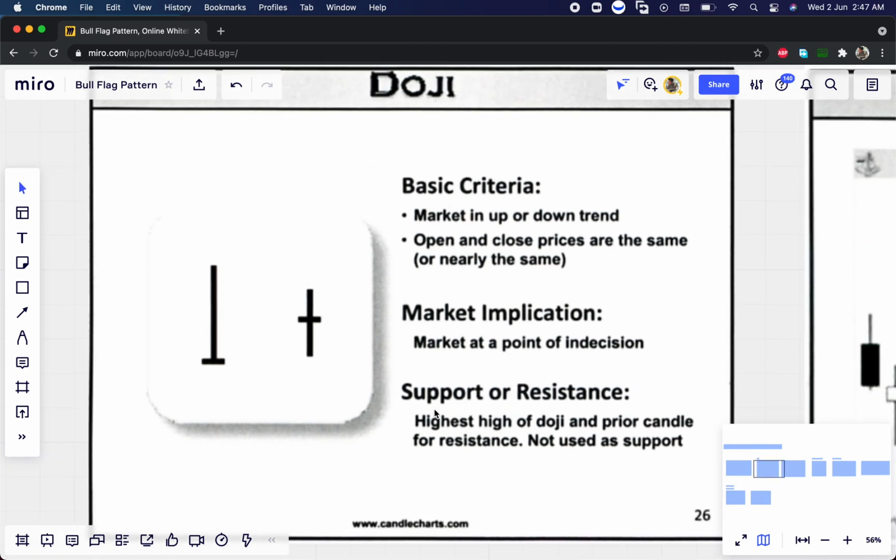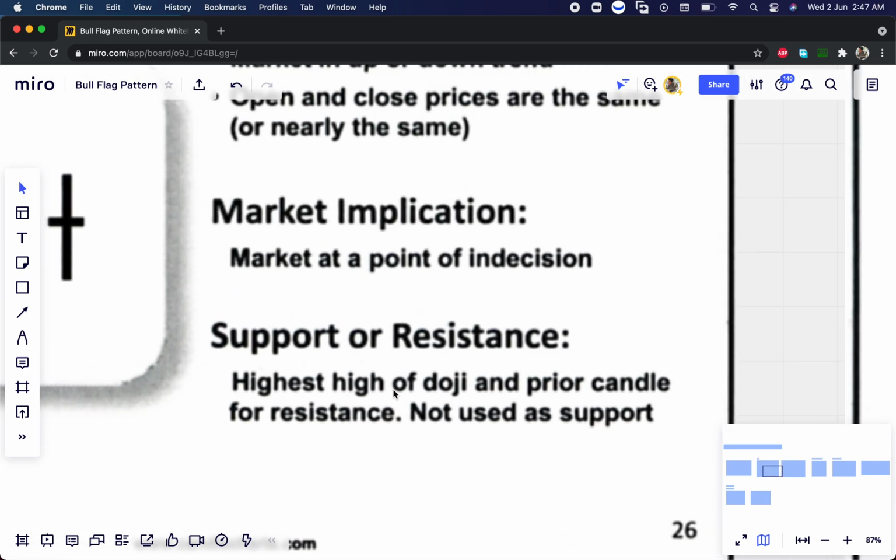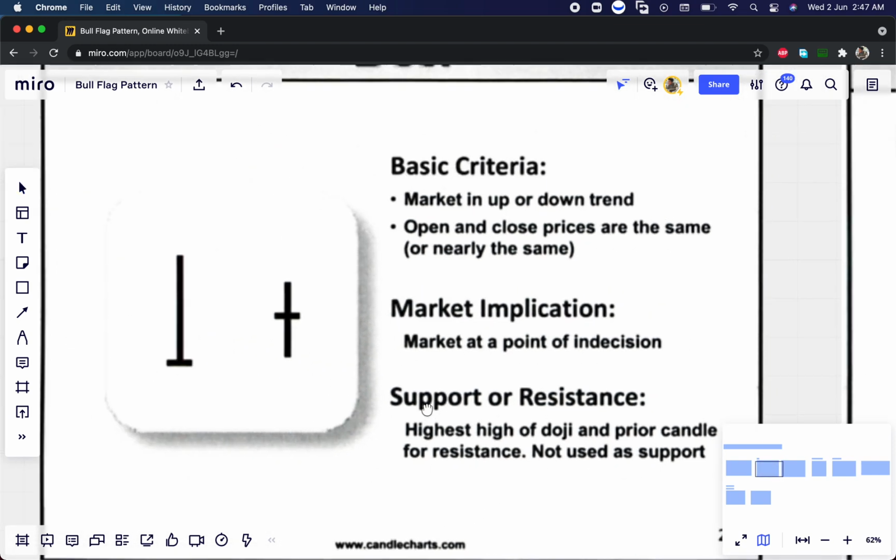Doji can be used as support or resistance lines. The highest high of the doji and prior candle is used for resistance. So here you can see it is not used as support, but the highest high of the doji and prior candle is used for resistance.